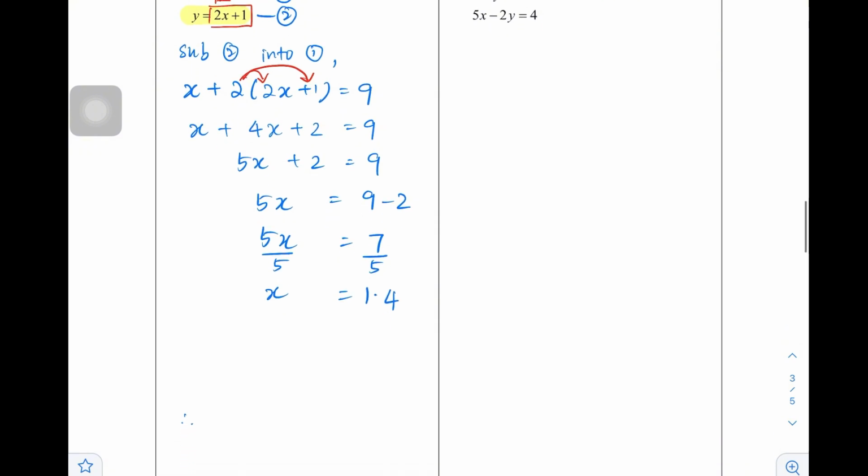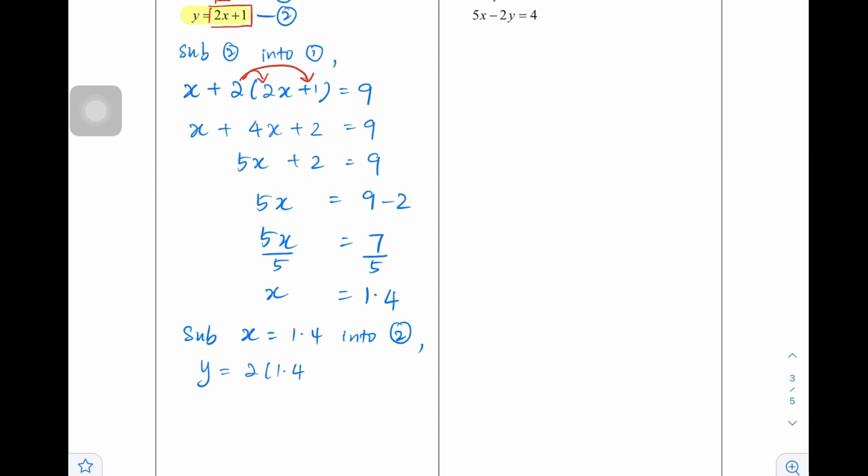After I find x, I will need to substitute x equals 1.4 into equation 2. I can also substitute into equation 1, but it will be easier to substitute into equation 2 since equation 2 already has y as the subject of the equation.